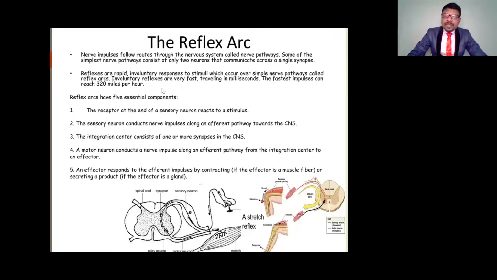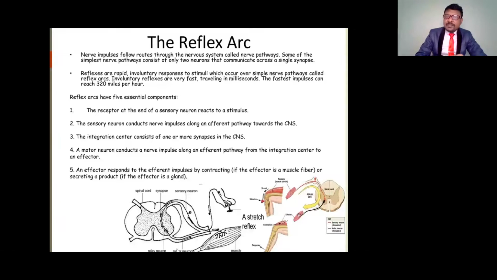Reflexes are rapid, involuntary responses to stimuli which occur over a simple nerve pathway called the reflex arc. Whatever the pathway, how the impulse is transmitted to the center and how the response comes from the center, this pathway is called the reflex arc.